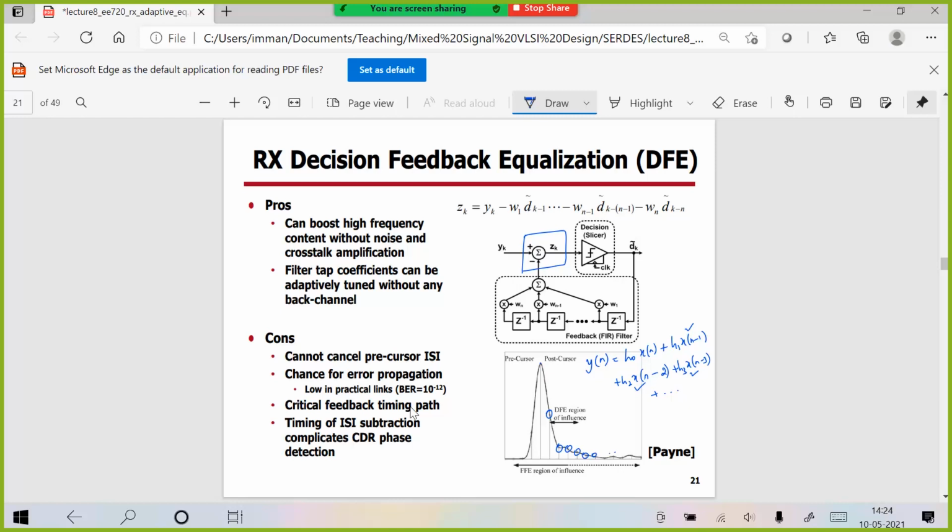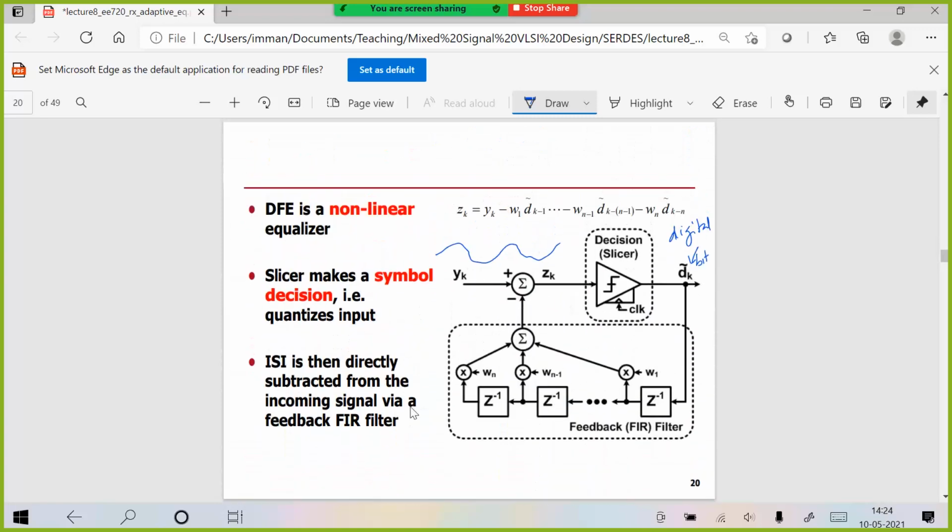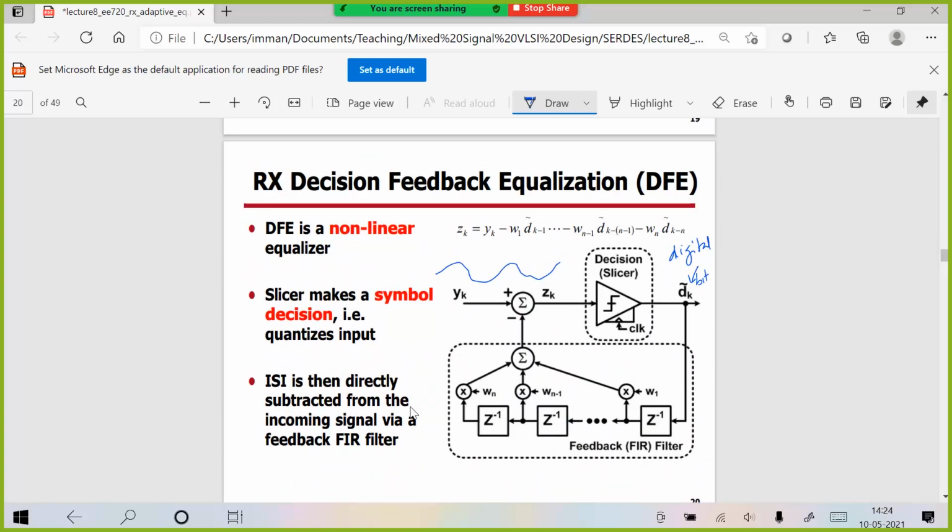Okay, so let us go back to this slide and see. DFE is a non-linear equalizer, so that we can agree, right? Because you have a comparator in the loop, and the comparator makes the whole thing non-linear.